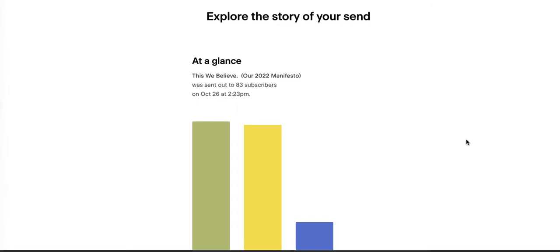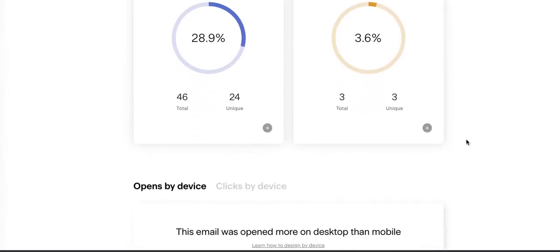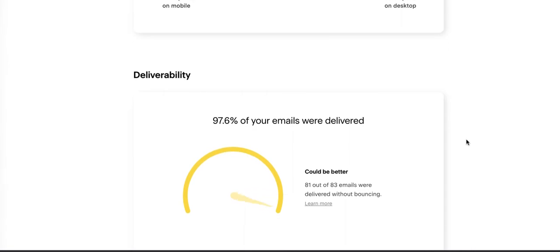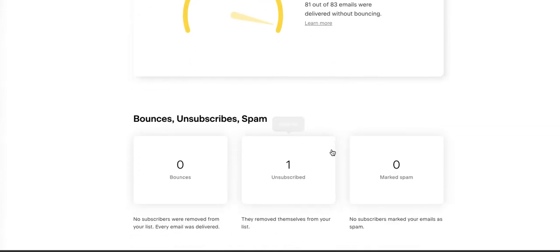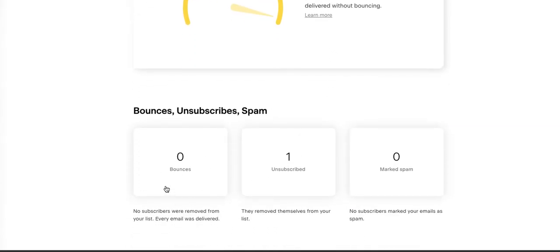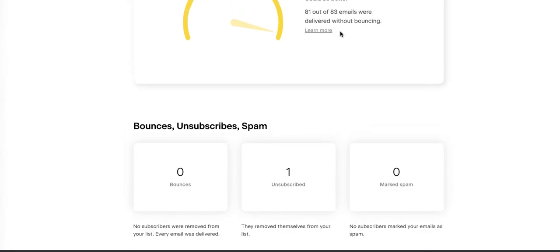In other words, if it says 2 emails bounced and then under 97.6 of your emails were delivered, 2 were not delivered, right? Then this, you would imagine, would have 2 bounces, but it doesn't. Maybe one of them was, I don't know. I'm just going to guess, so I'll just spare myself and you guys guessing. But it doesn't matter. I don't really care. I don't need this to line up with this. I'm just a little bit of a stickler for accuracy in that sense.